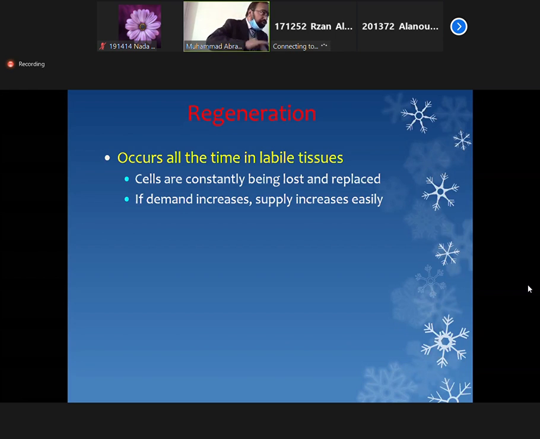Then after it has divided, it is checked again that the division of the DNA has been perfect. If something has gone wrong, the cell has the ability for some time to correct that DNA. If it is completely corrected, it enters the mitotic phase. If it is not corrected, it will go into apoptosis and the cell will die.